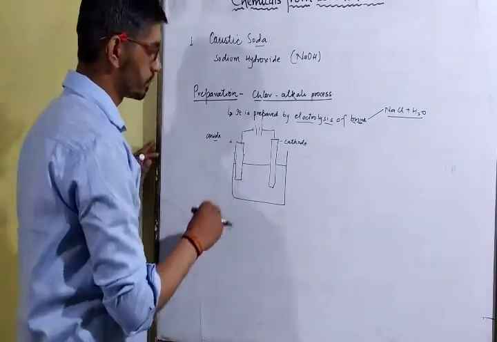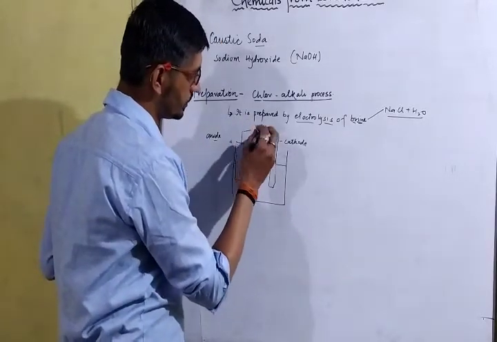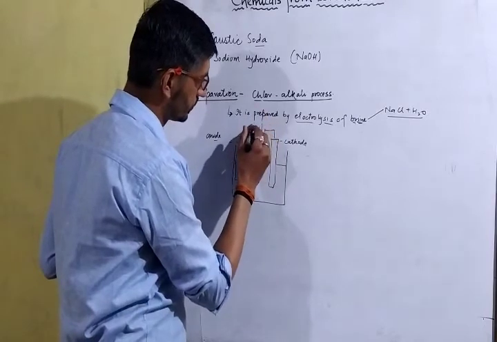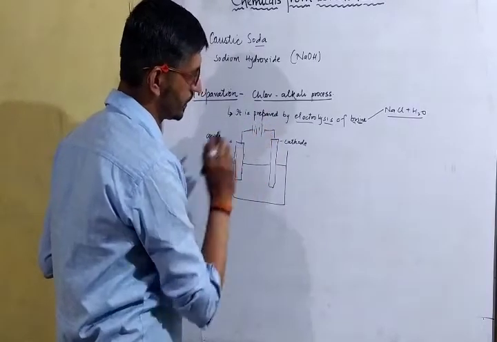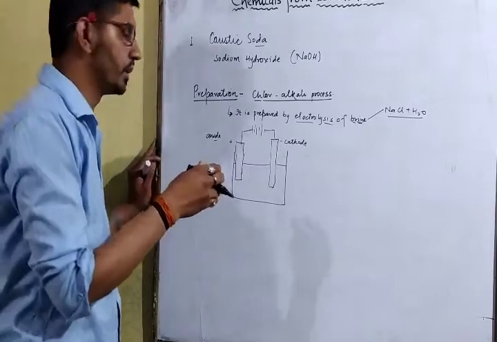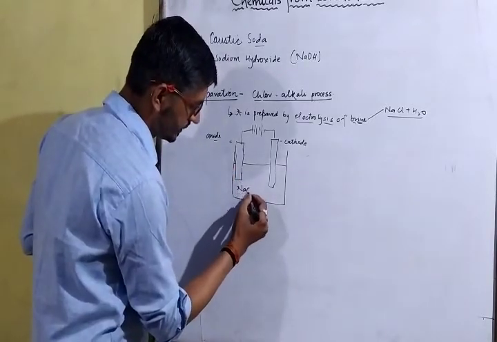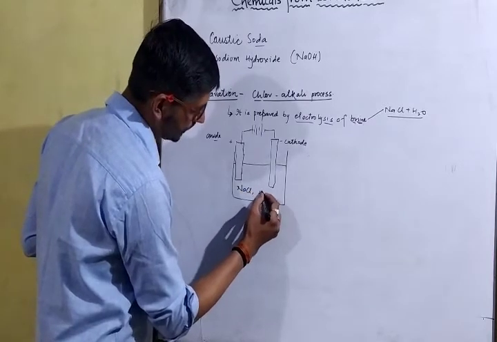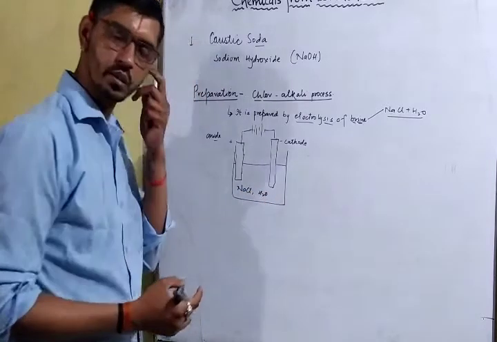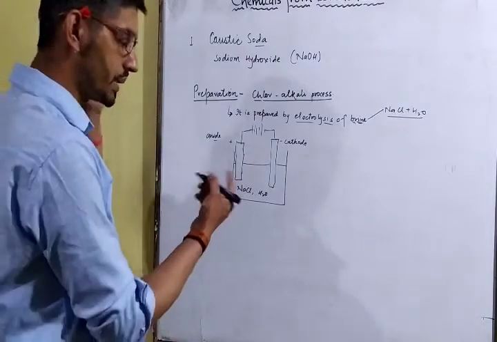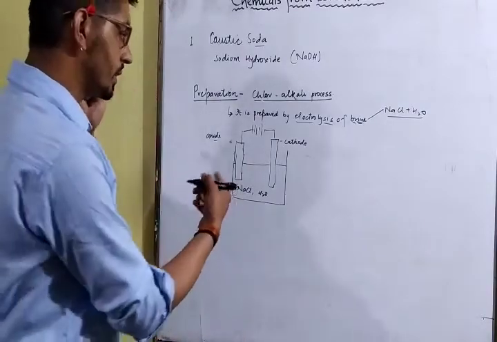Now what happens? As we pass electricity to it, the NaCl will dissociate and H2O will dissociate. Both chemicals will dissociate inside this apparatus.